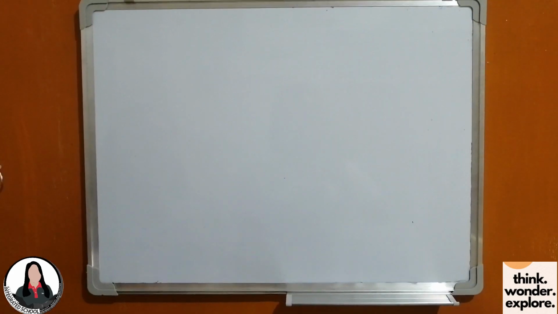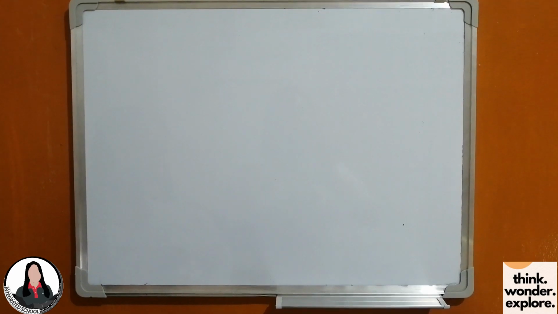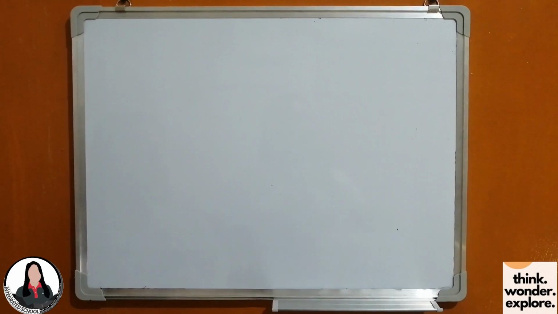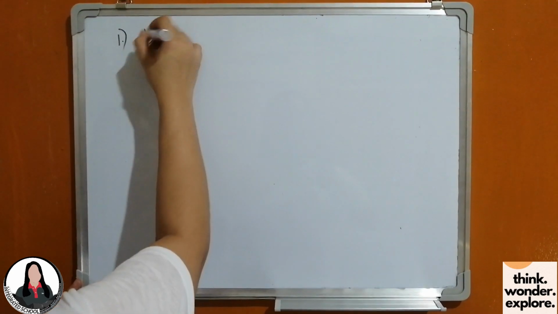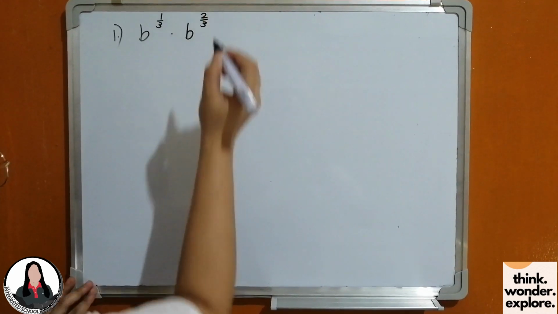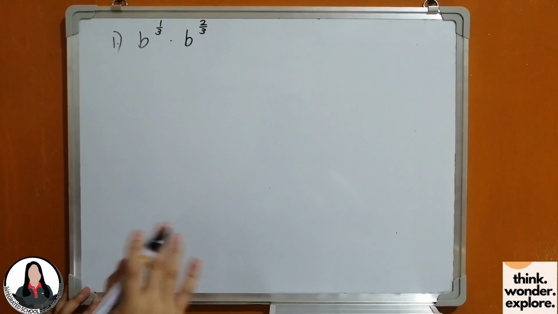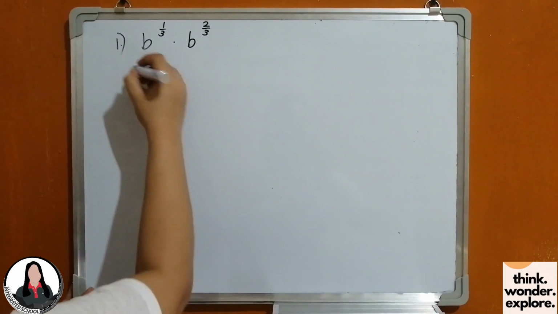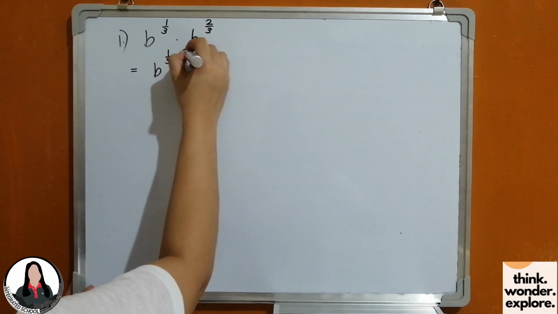So, when simplifying rational exponents, gagamitan din natin siya ng laws of exponents na ginagamit natin sa positive and negative integral exponents. So, ang unang example sa ating module ay b raised to 1/3 multiplied by b raised to 2/3. As per the product rule, when we are multiplying two expressions with the same base, we just have to copy the base and add their exponents.